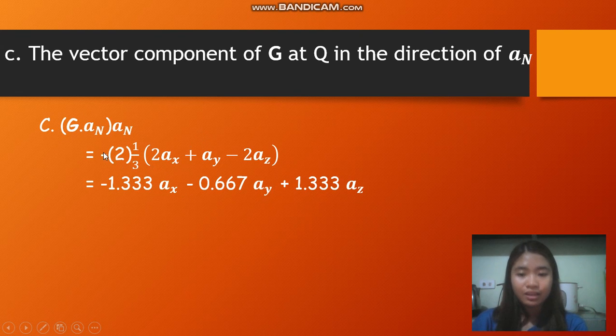Negative 2 times 1 a sub y, negative 2 divided by 3 is negative 0.667 a sub y. Negative 2 times negative 2 equals positive 4, so 4 divided by 3 is 1.333 a sub z. Ang final answer sa letter C is negative 1.333 a sub x minus 0.667 a sub y plus 1.333 a sub z.